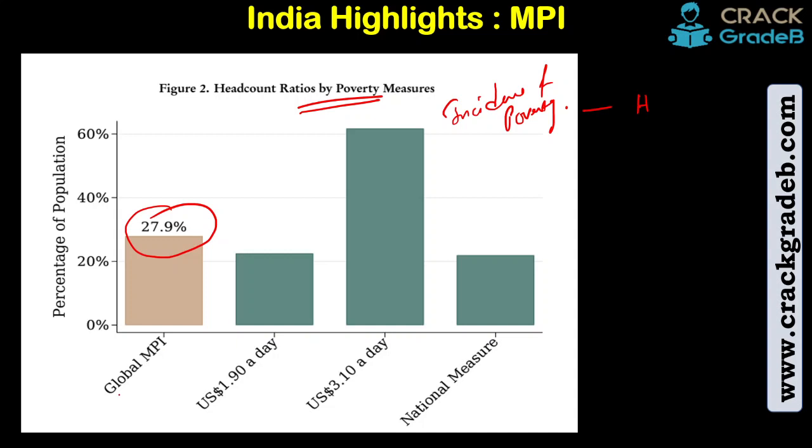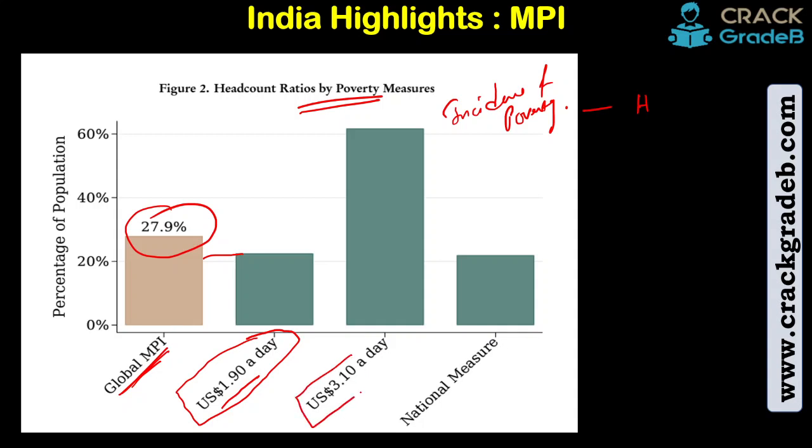Okay, so the global MPI is 27.9%. Now, if you compare this with the US poverty line, that is US dollar 1.90 a day, we see it's below, right? So this global MPI report is more dynamic and covers a wide spectrum.